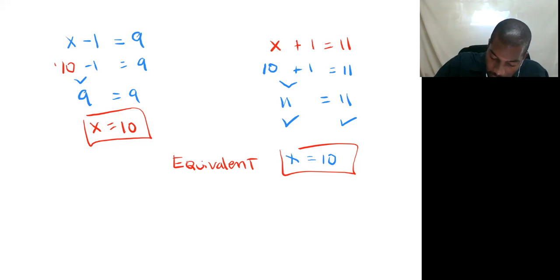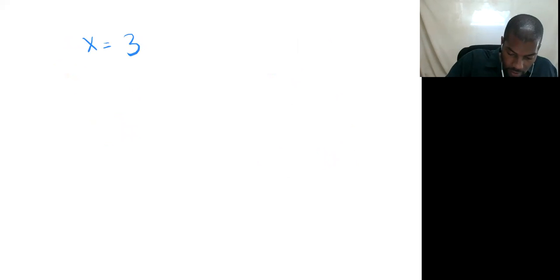Let's try a new one. Let's say I had x is 3, and over here, the other equation is 2x minus 6 equals 4.